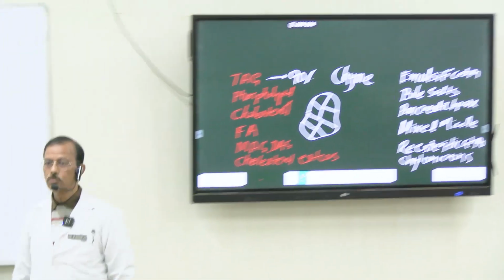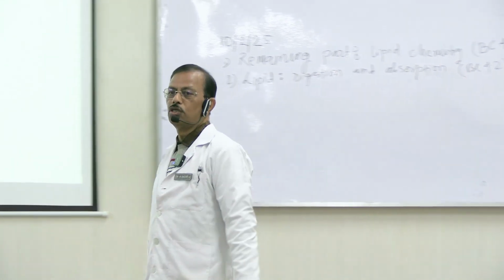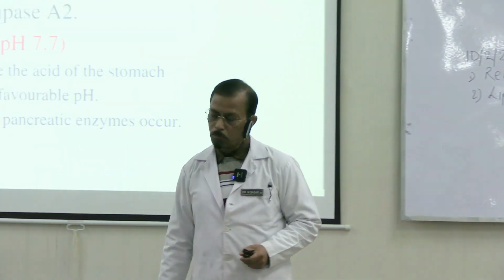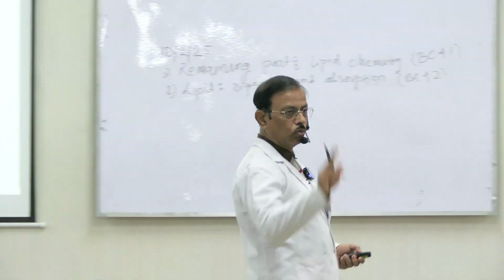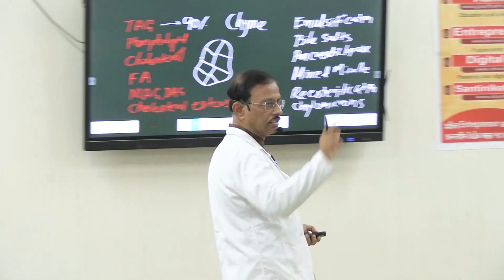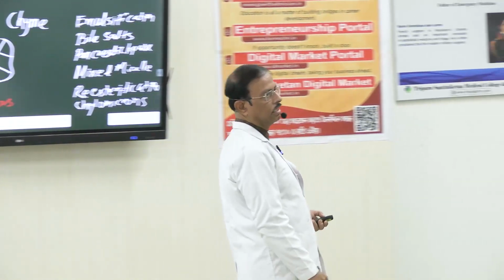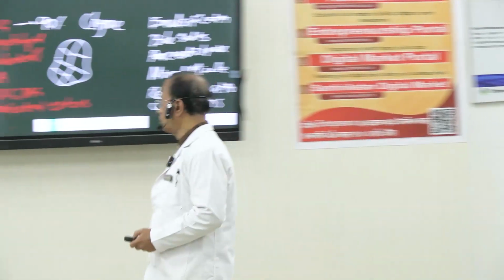When this chyme passes to the intestine, as we read in amino acid digestion of protein, two hormones are secreted, CCK and secretin, cholecystokinin and secretin. So what happens?